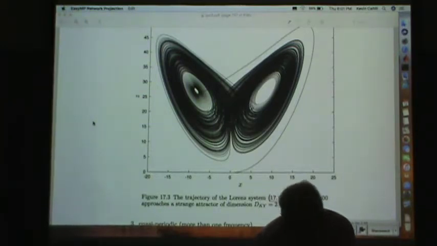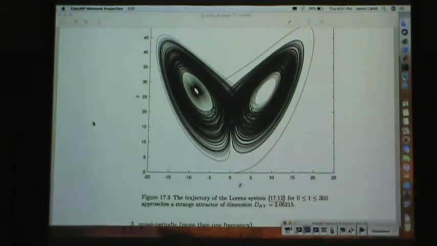So what exactly do you mean by dimension? Well, that's of course the key question, and I now owe you at least 2 candies. So here's one. And there's the other one.